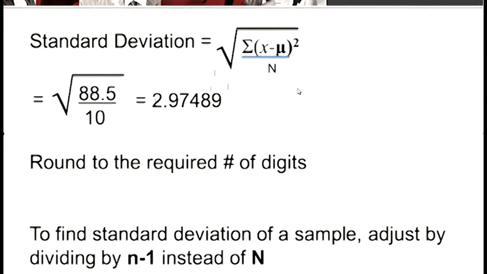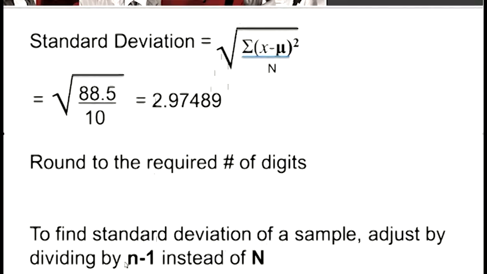So this formula is for a population. If they tell you or ask you to find the population standard deviation, then you'll use this formula. Sometimes they want you to find a standard deviation of a sample. A sample is a smaller part of that overall population.